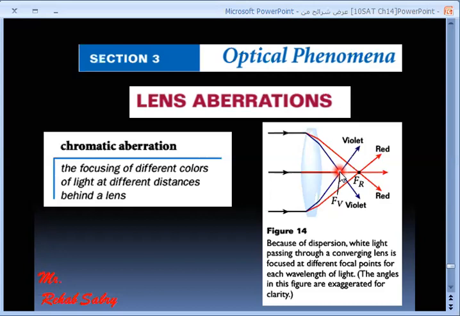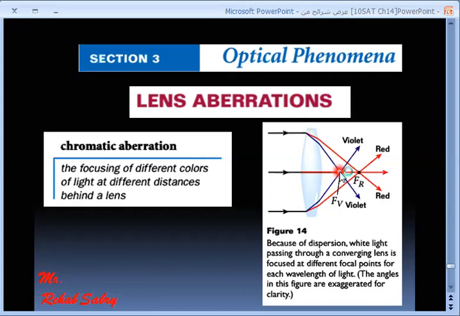Each color has its own focus, and these foci overlap to give an image with overlapping or unclear colors.